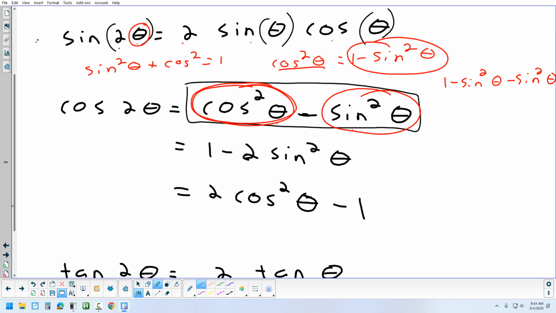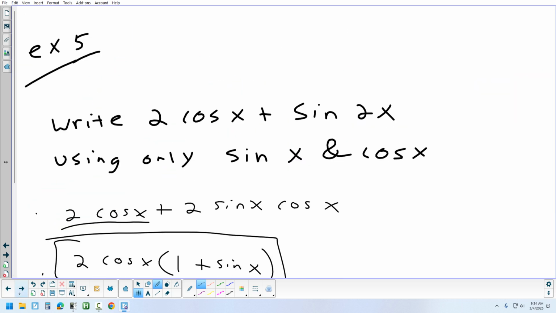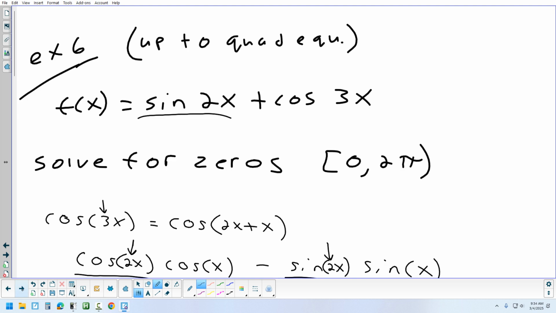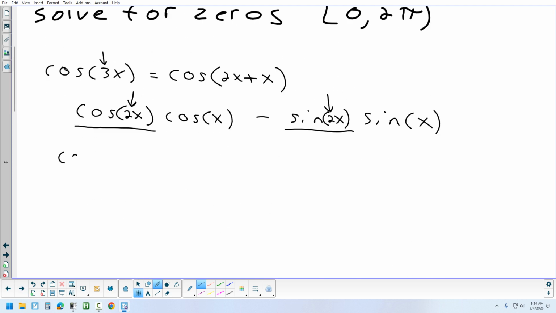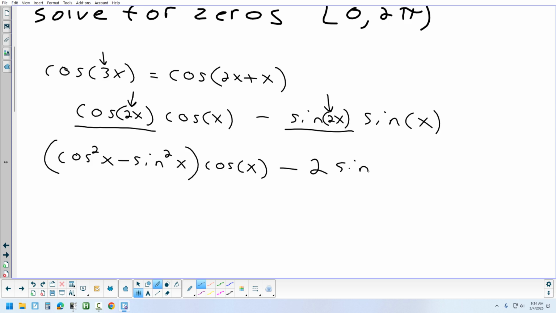But sure, we could do cosine squared minus sine squared. And so this becomes cosine squared minus sine squared times cosine x, and then minus sine 2x, which we did earlier, 2 sine cosine, times another sine.